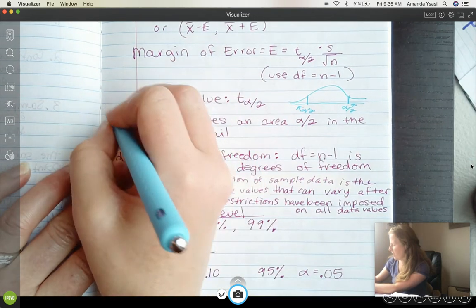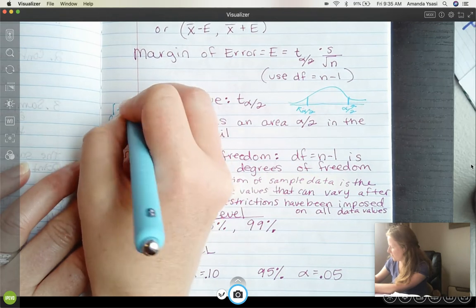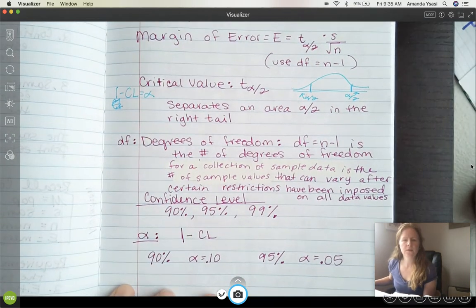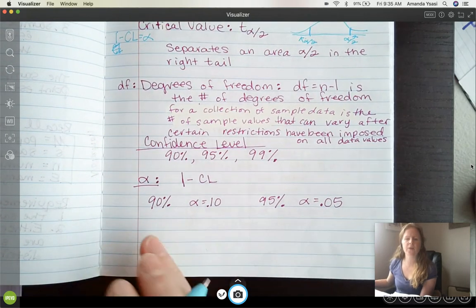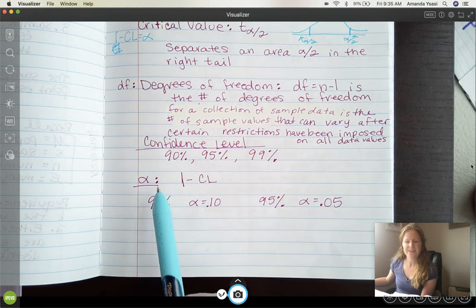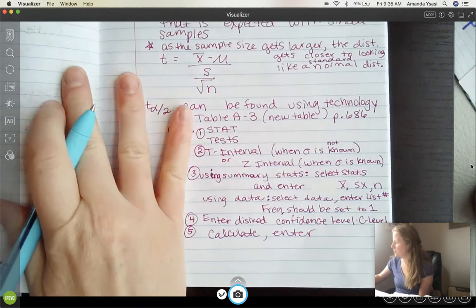We take 1 minus your confidence level to get alpha. I'd already written that down: the different confidence levels, and here are the different alphas that go with them. Okay, so let's keep on rolling through.